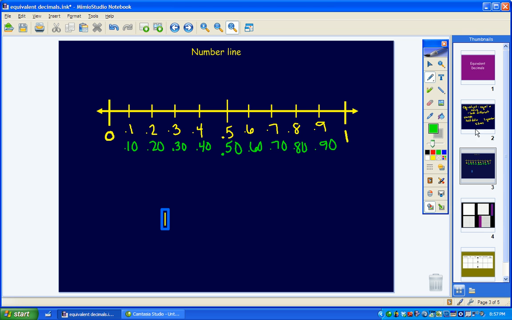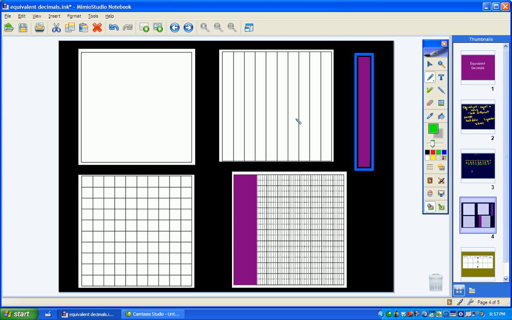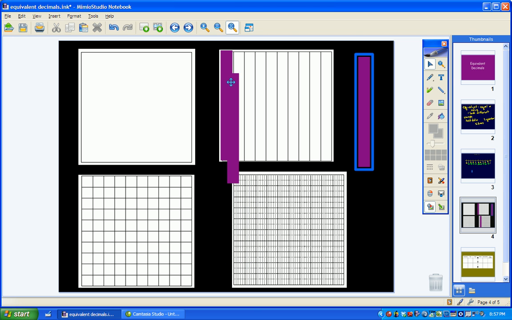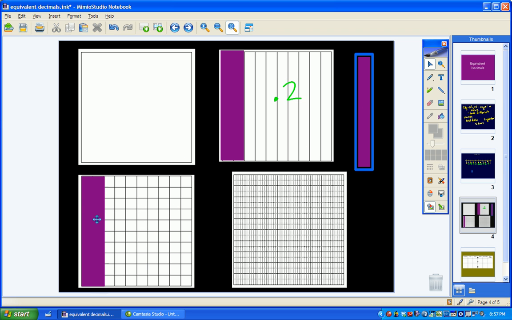Just like when we were looking back at these, if we had the 2/10, we would write it as 2/10, and then we use those same 2, but I'm just going to draw over here so you can see. Use 2 of these guys.